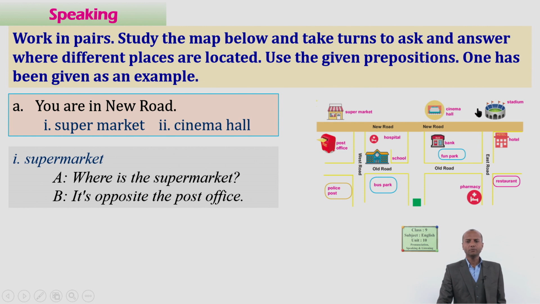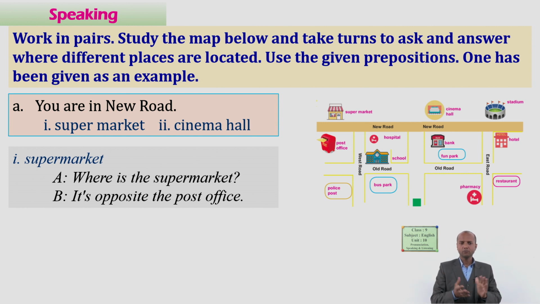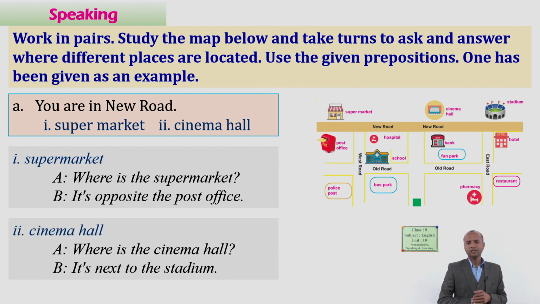But if you have to talk about this cinema with reference to the stadium, which preposition should you use? Yes, next to. So now A might ask the same question: where is the cinema hall? And B might reply, yes, it is next to the stadium. So you can see the stadium there.